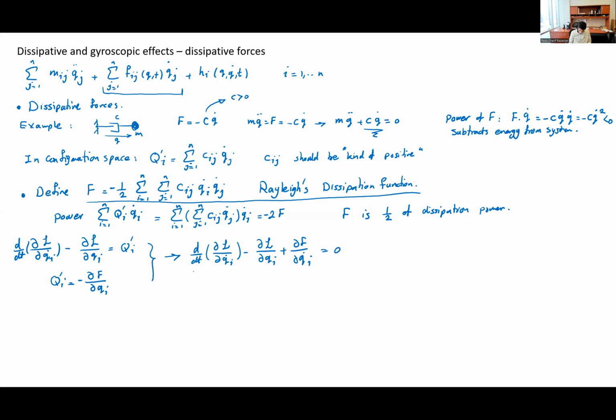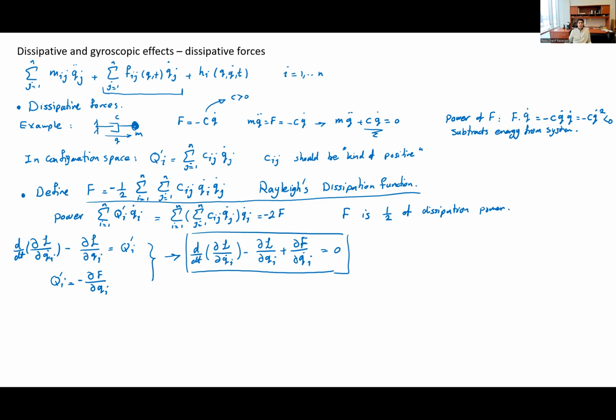So these are the equations, the way we can write Lagrange's equation if we have dissipative forces as well, using Rayleigh's dissipation function. So here is the conundrum. Why do we do this? We had Q's. We defined something bigger, called it F, and then instead of using Q's, we are now using F. What's the point?